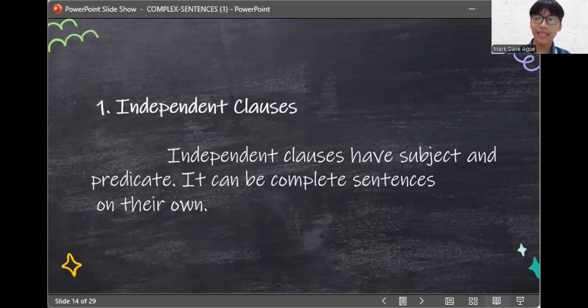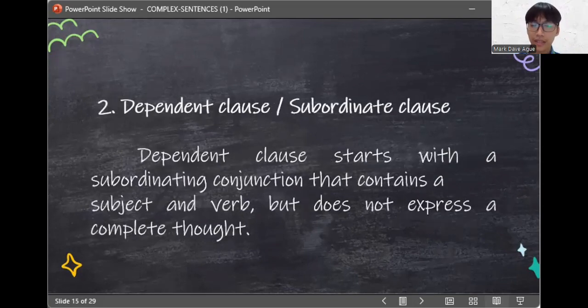Now, independent clauses have a subject and predicate. Of course, a clause is a clause itself only if it has a subject and predicate. So if it does not have a subject or predicate, it is not a clause. Now, the second is the dependent clause or the subordinate clause.